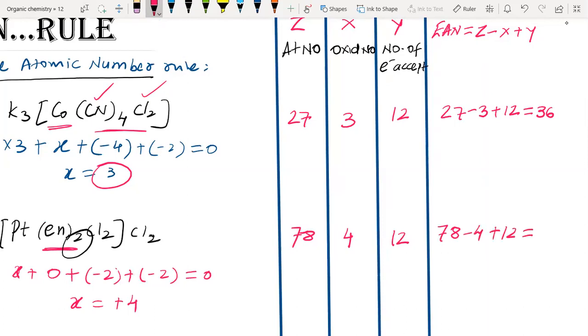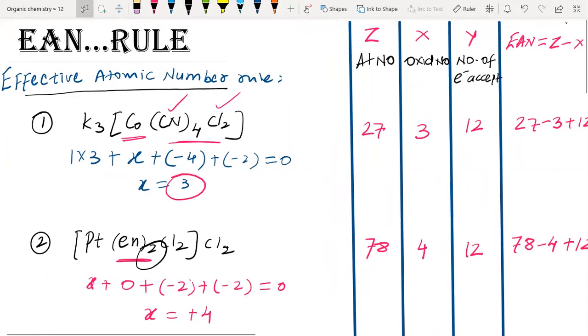The answer which we get is 86. These numbers which we are getting, 36 and 86, are the atomic numbers of the nearest inert gas to cobalt and platinum respectively.